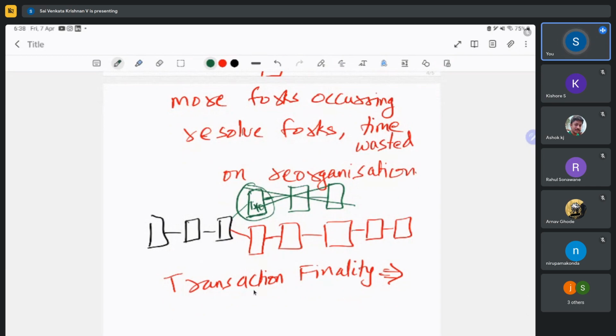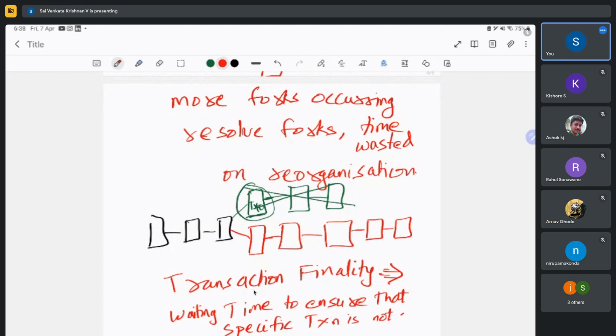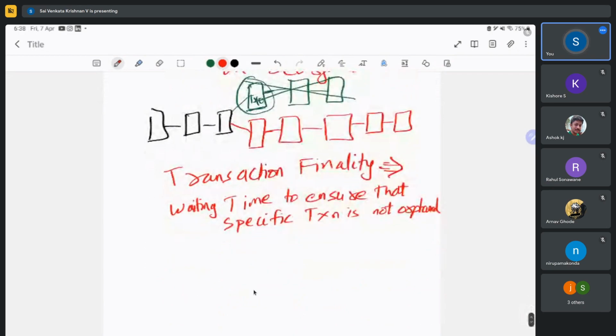By transaction finality, it just means the waiting time to ensure that a specific transaction is not orphaned out. Currently we have 10 minutes per block.